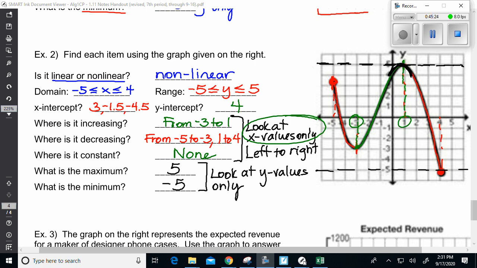So, again, one thing to keep in mind, it's not easy. It's definitely not easy. But the one thing that you have to do is you have to know what the definitions are. So you have to know what it means for something to be increasing, know what it means for something to be a y-intercept, know how to find a domain.